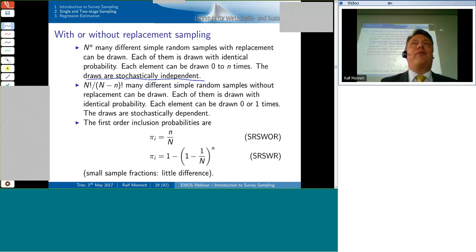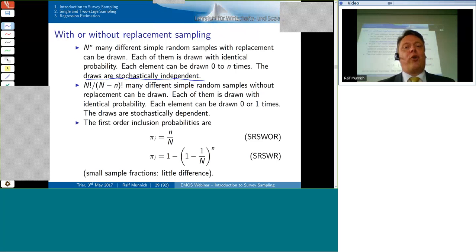This certainly changes if you're talking about without-replacement sampling. Even if without-replacement sampling is what we would like to do, because we don't want to interview people again and again, this seems to be more difficult, because here we have to make sure that in the second draw you cannot draw the first one again. In the third draw you have to consider the first two draws. And then, of course, this seems to be very difficult.